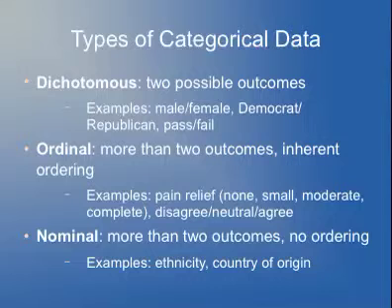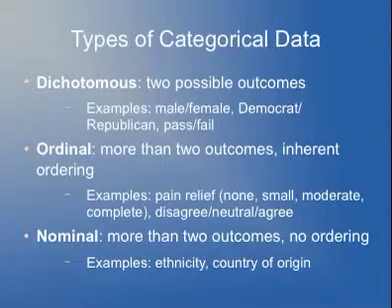So to get more detail about the different types of categorical data you can have, there's dichotomous, which are two possible outcomes, such as yes, no, pass, fail, things like that. Then you have ordinal, which has inherent ordering. That's one way to think about it. For example, pain relief: none, small, moderate, complete.